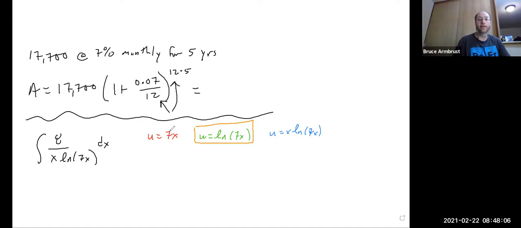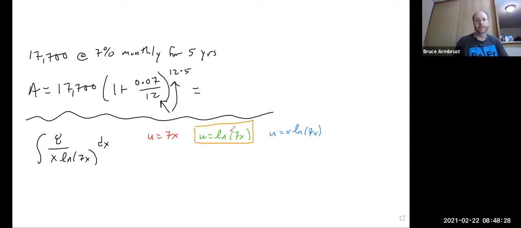Like, come back to u equals 7x. Its derivative is just 7. That's not going to be very useful when it comes to substituting in and getting rid of the other stuff out here. So I think about this one, natural log of 7x. Well, its derivative is going to be a 1 over x, right?